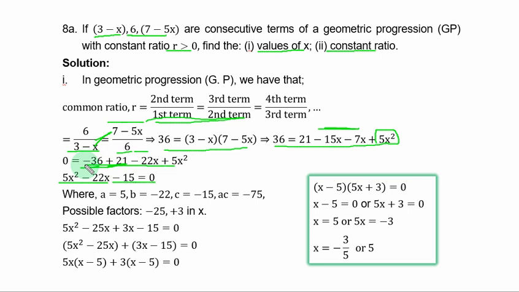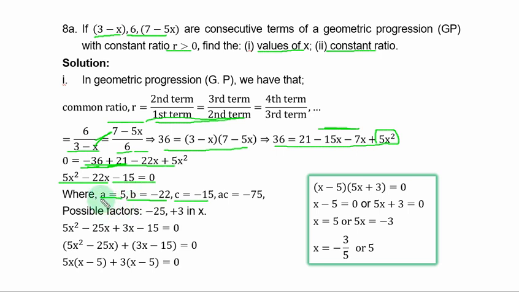For us to factorize, if you compare the resulting equation with the general quadratic equation, you will agree with me that a is equal to 5, the coefficient of s squared. b is equal to minus 22, the coefficient of s. c is equal to minus 15, the constant term.